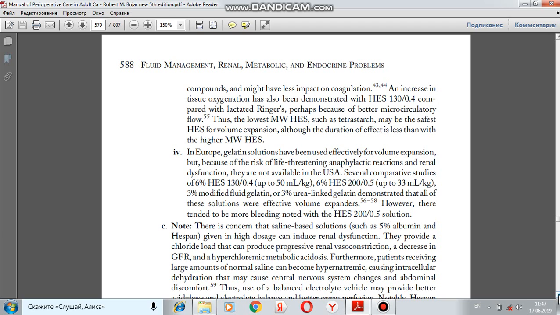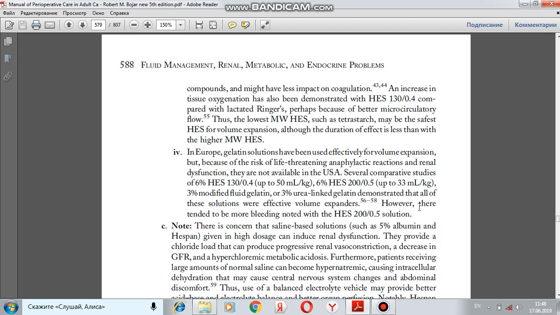An increase in tissue oxygenation has also been demonstrated with HES 130/0.4 compared with lactated Ringer's, perhaps because of better microcirculatory flow. Thus, the lowest molecular weight HES, such as tetrastarch, may be the safest HES for volume expansion. Also, the duration of effect is less than with the highest molecular weight HES.